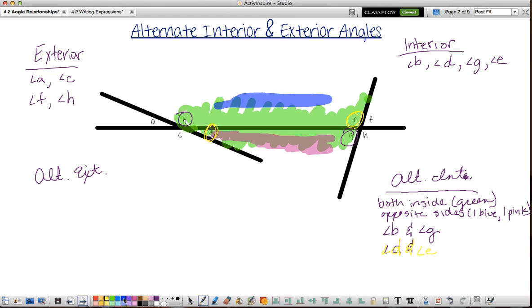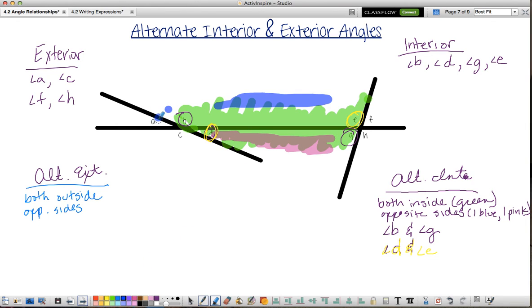And then your alternate exterior angles. So now you're looking at the ones that are outside. So both outside, and then again on opposite sides. So again, the blue and the pink. So the blue and the pink actually extend.